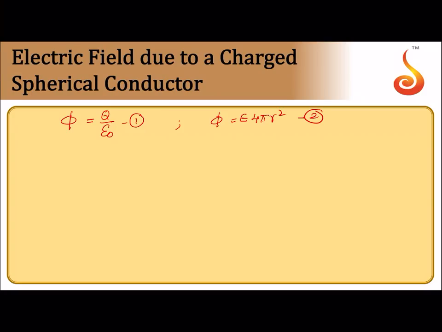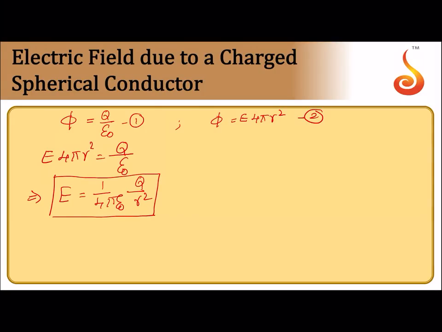If we combine them together, we have E into 4 pi r square is equal to Q by epsilon naught. Let us simplify it further. We have E is equal to 1 by 4 pi epsilon naught Q divided by r square. Correct?